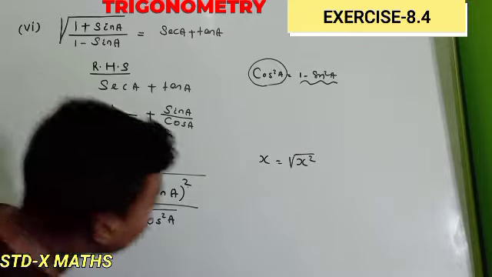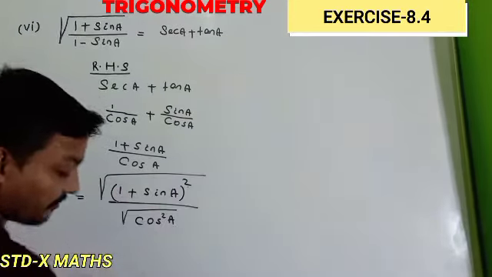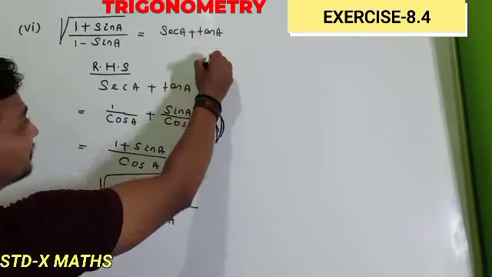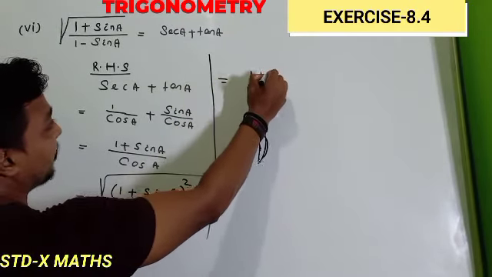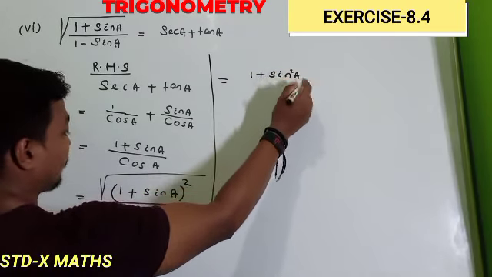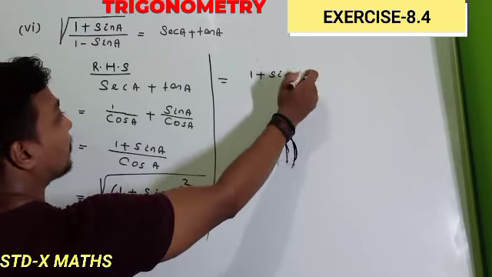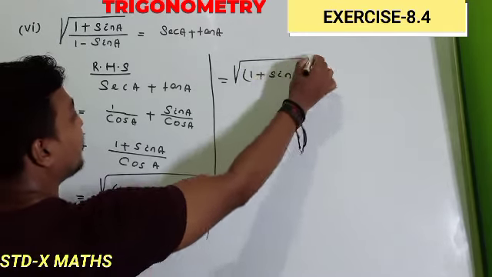So the upper one is 1 plus sin A whole square, its root over.